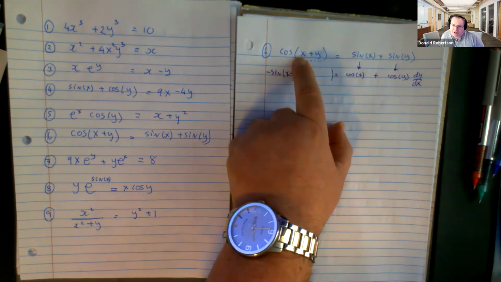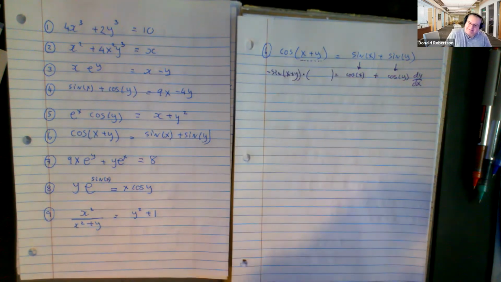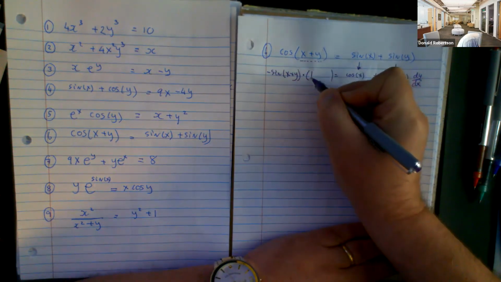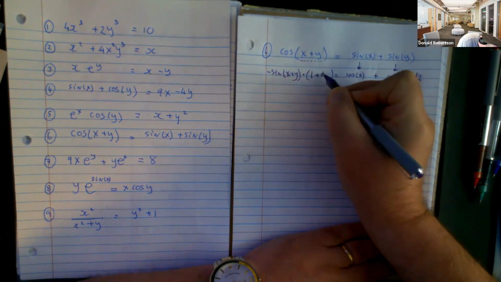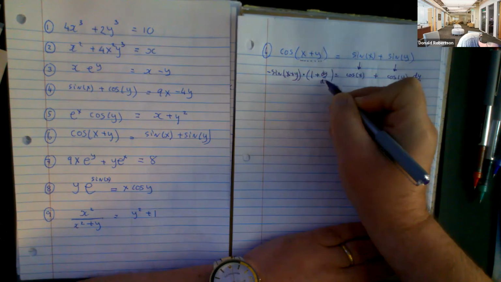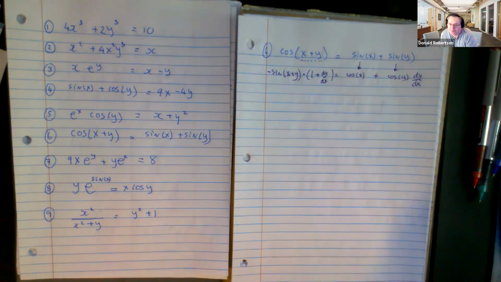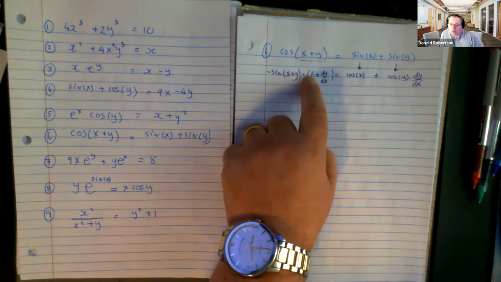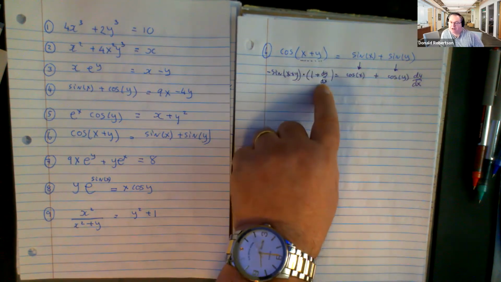Now, when you differentiate x add y, it's not insignificant. Something happens. You get a 1 plus a dy by dx. Does that make sense? If you differentiate x add y, you get 1 plus dy by dx.